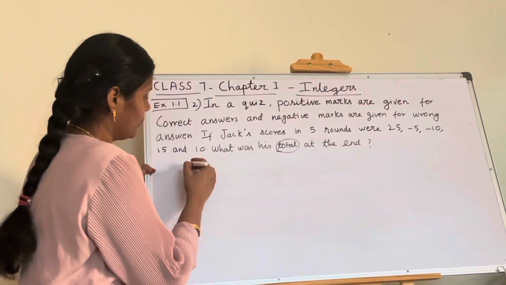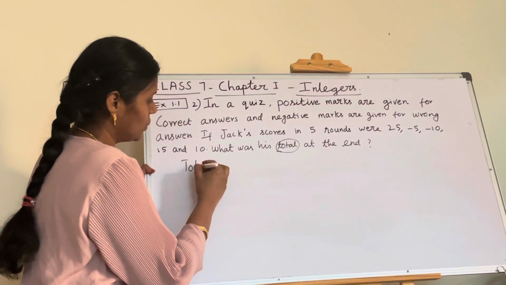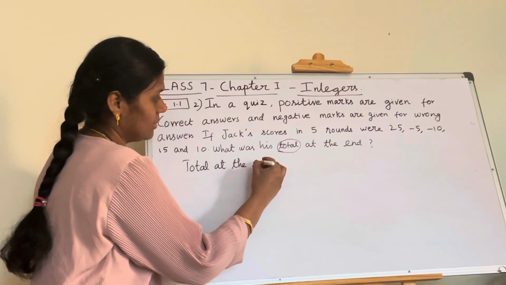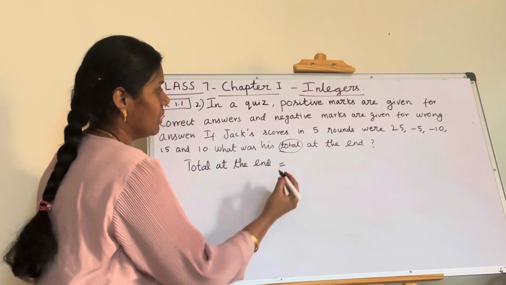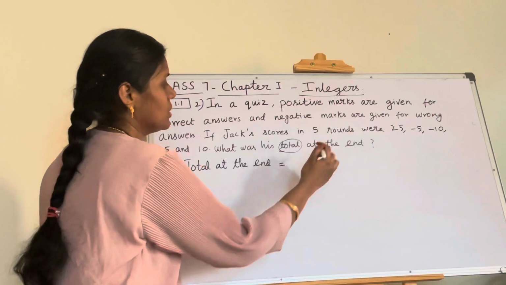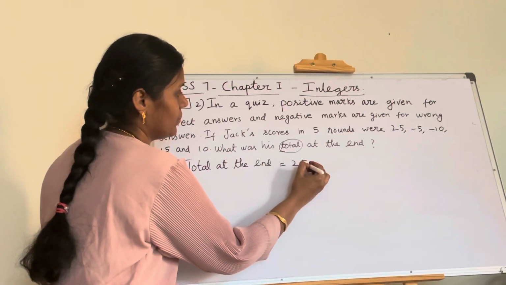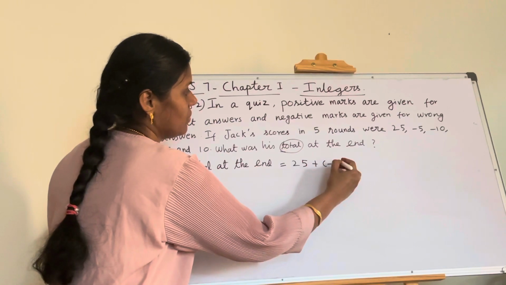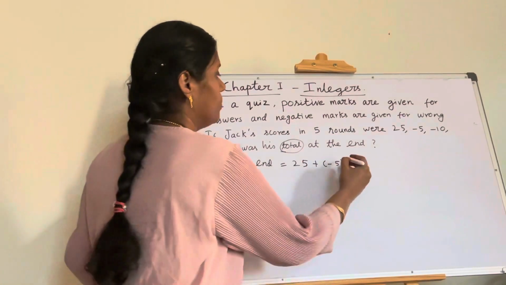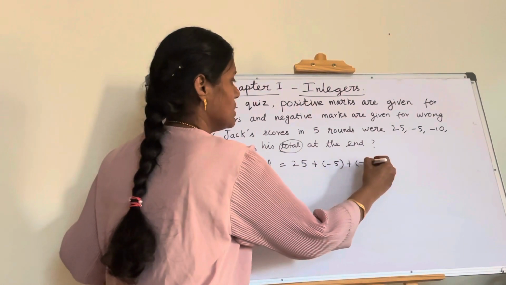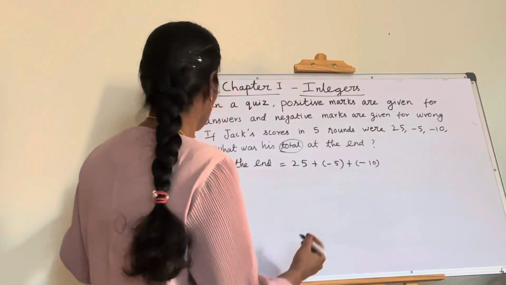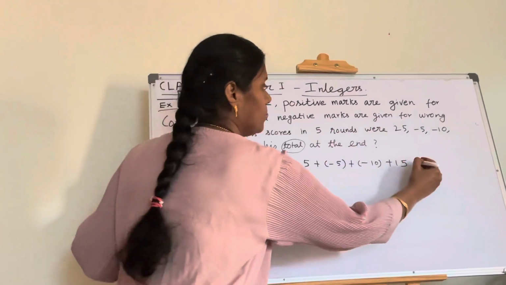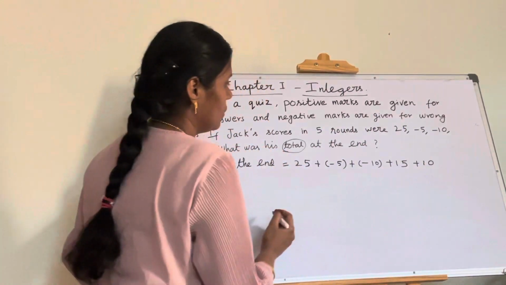So total at the end is equal to 25 plus minus 5 plus minus 10 plus 15 plus 10.